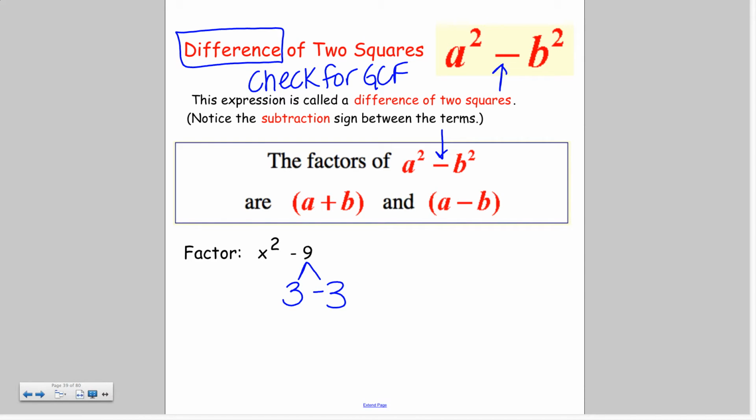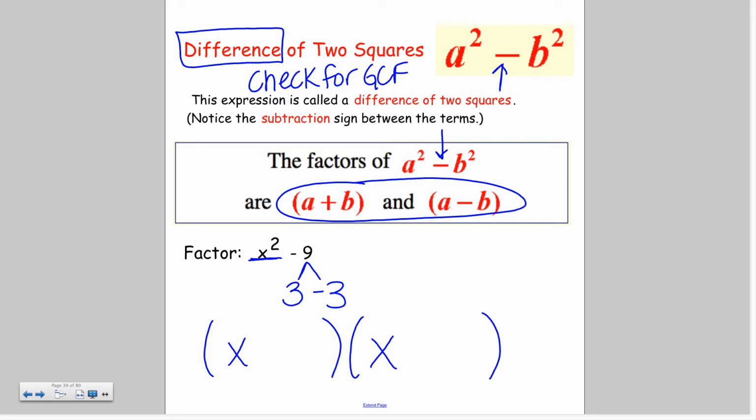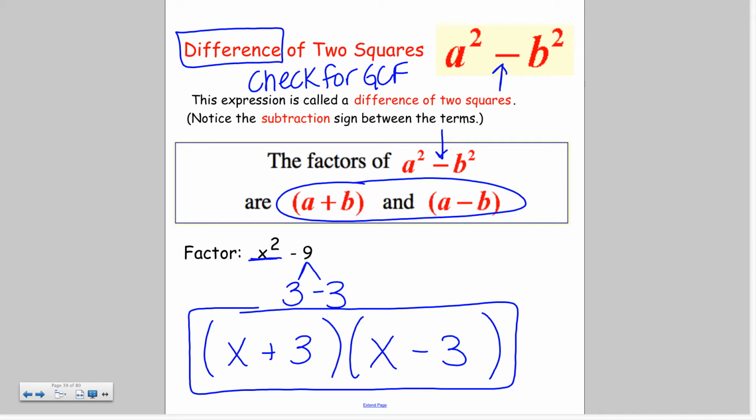So now all I have to do is write that in that form. I'm going to break this apart, because there's 2. Each parenthesis gets an x. And I'm going to stick in a plus 3 and my minus 3. That would be the difference of squares for x squared minus 9.